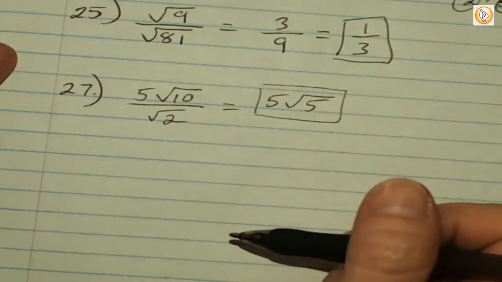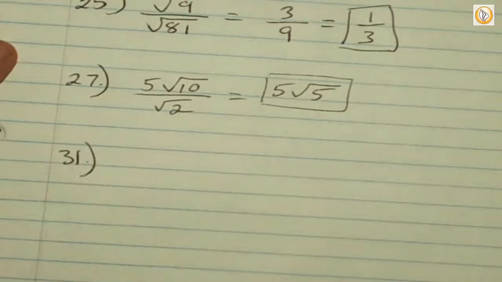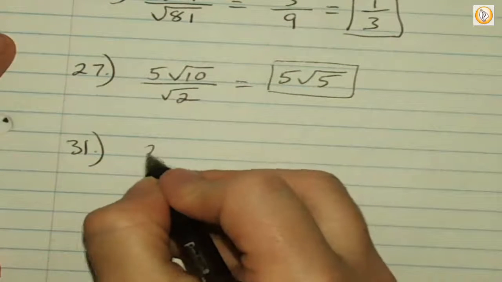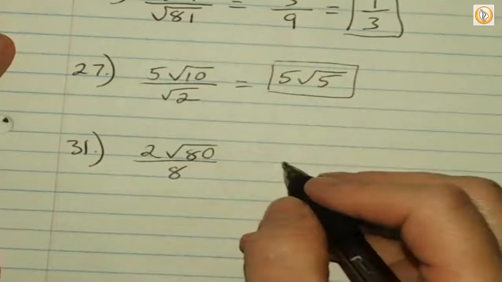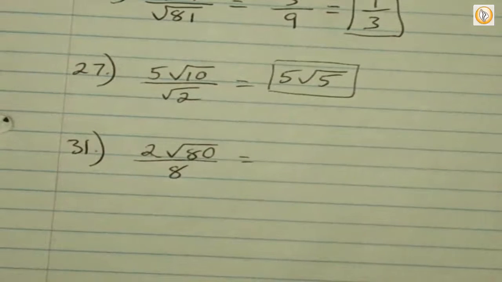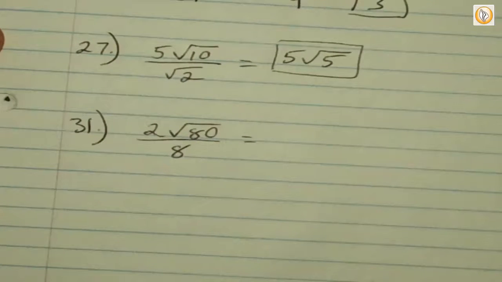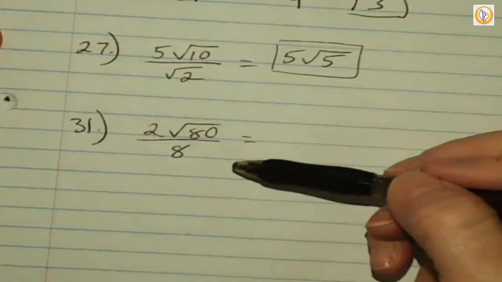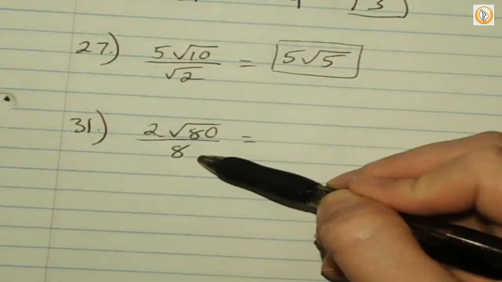Let's do 31, and then I'm setting you free. It is 2 times the square root of 80 over 8. Now, question. Is 8 in a square root? No, ma'am.